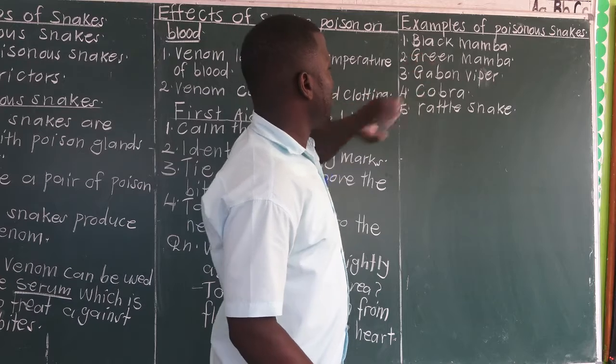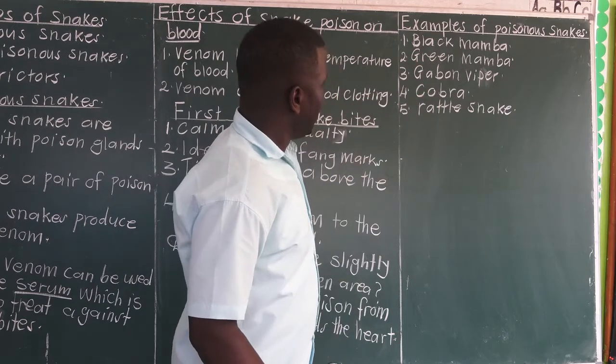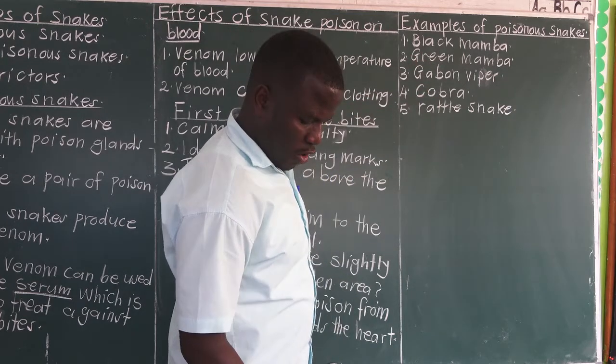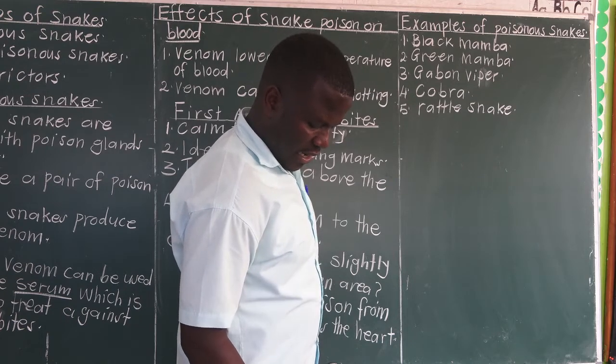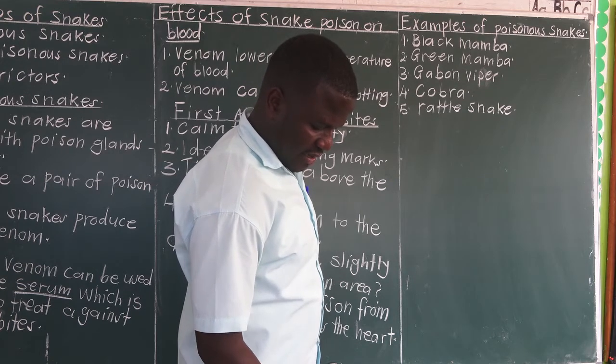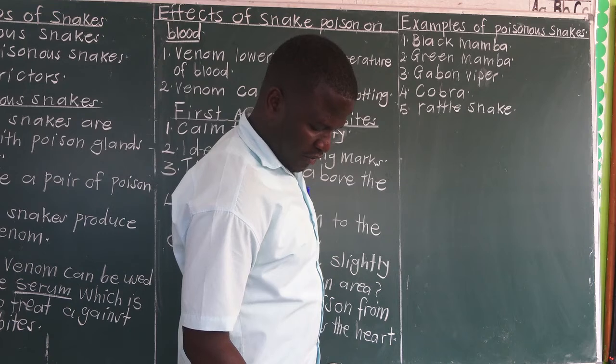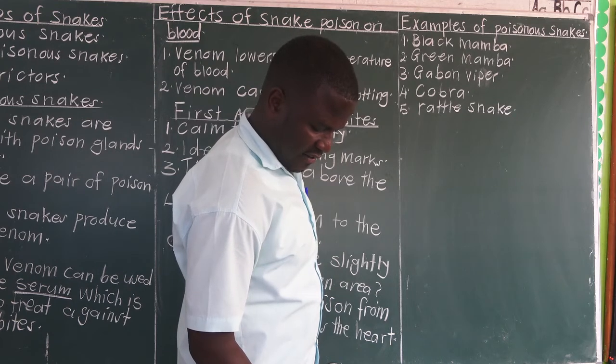We have black mamba, green mamba, Gabon viper, cobra, and rattlesnake. Those are examples of poisonous snakes.